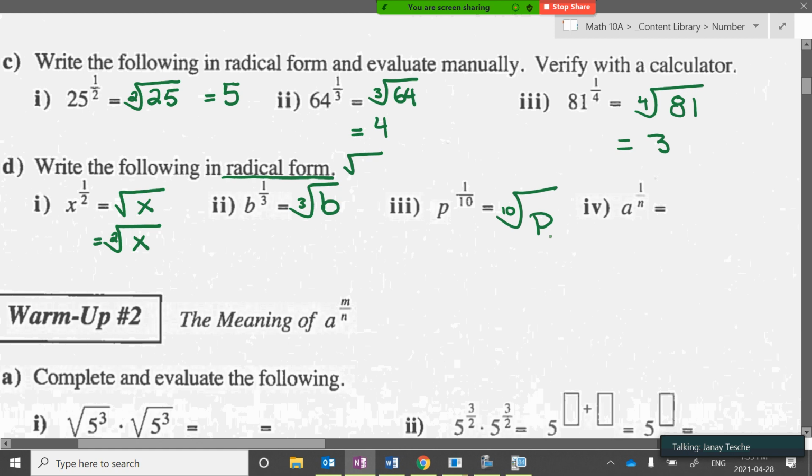Make sure in your printing you put the index, your little number, within the check mark. It needs to be a little 10 with the p, not 10 root p. Make sure you're writing your numbers smaller, because if you wrote it this way, that 10 is actually a coefficient, which would mean I'm multiplying it, right?